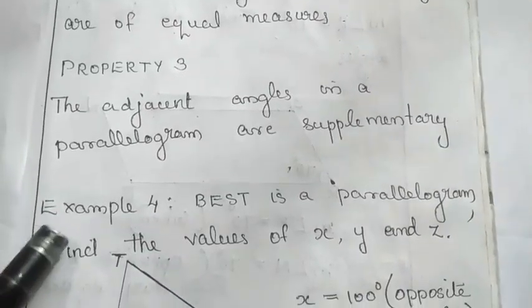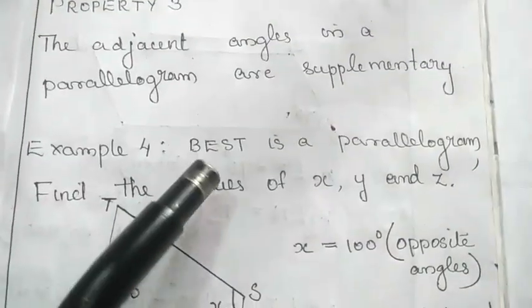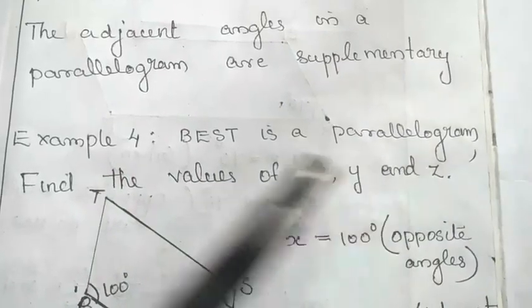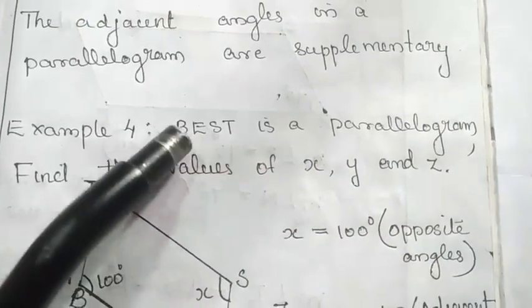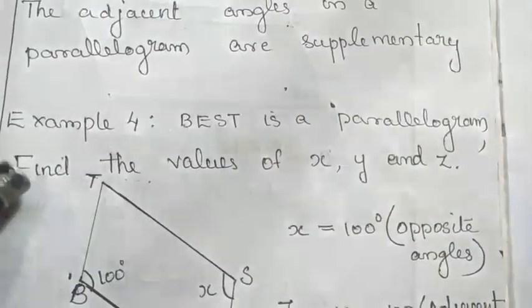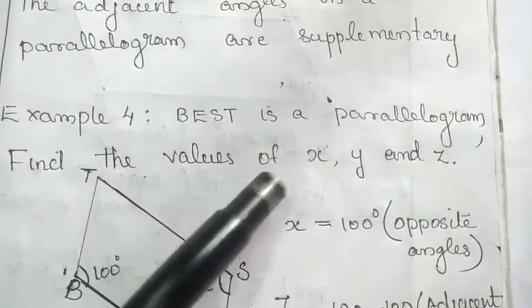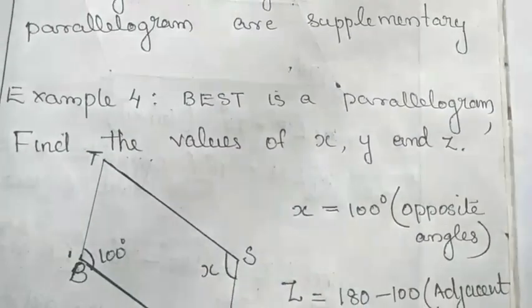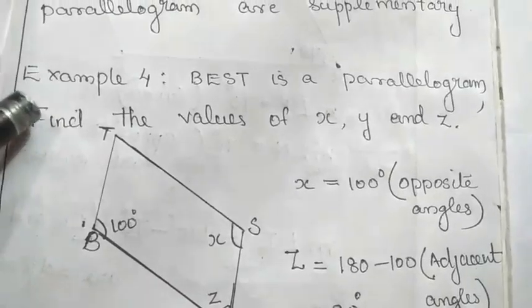Okay. Then example 4. Here BEST is a parallelogram. BEST means B-E-S-T, the vertices of a parallelogram. Find the values of x, y and z. This is the question.